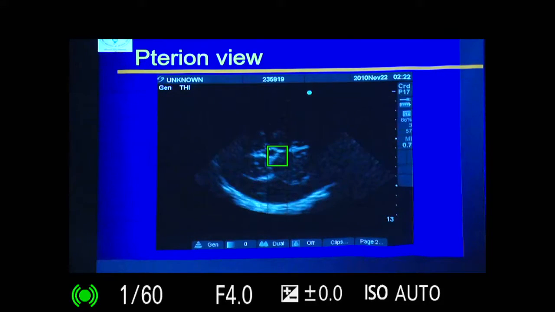Any patient, without shaving the head or anything, just put it there with some water. You can't recognize anything. All you can see is the inner table of the opposite side and the midline, the falx, which I was just talking about. Can you see that? So it's very easy.